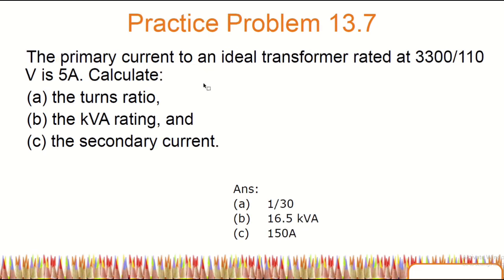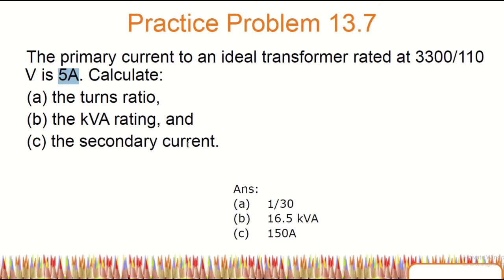So for the next question, practice problem 13.7. It gave the value of voltage V1 and V2, and also the current flow, which is basically the current flow at the primary side. Then they ask to find the turn ratio, kVA rating, and secondary current.